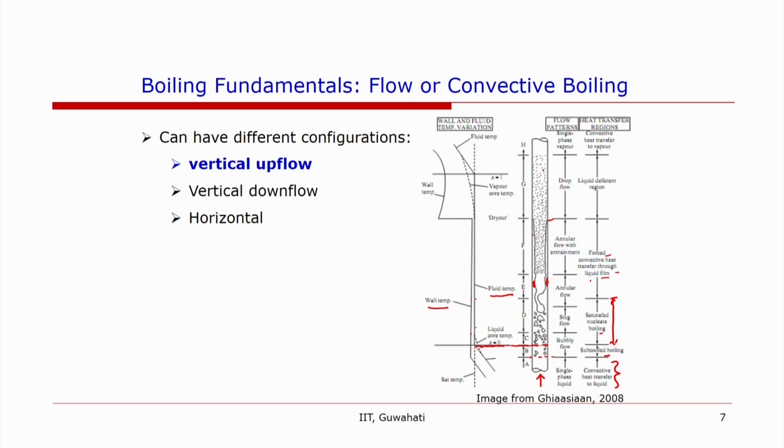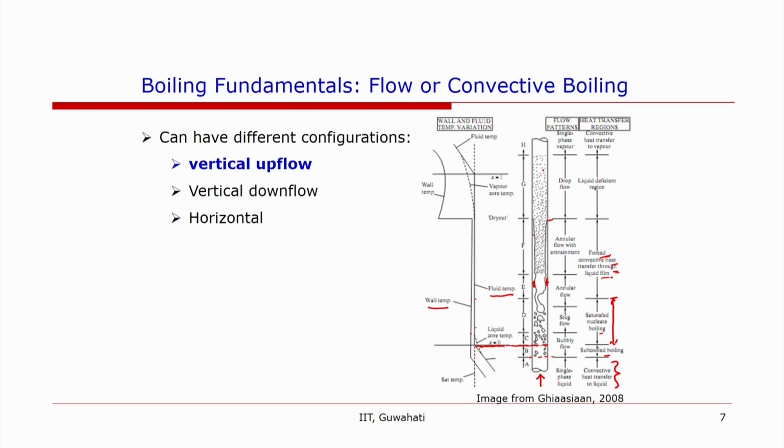In the annular flow regime, what is observed is forced convective heat transfer through the liquid film, and then dispersed droplet flow or mist flow happens, and then finally only vapor phase is present in the channel. As you can see, the heat transfer coefficient will be a constant in the single phase liquid flow.